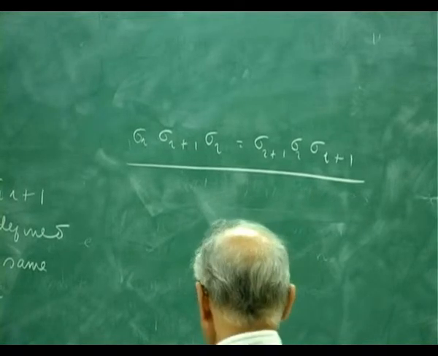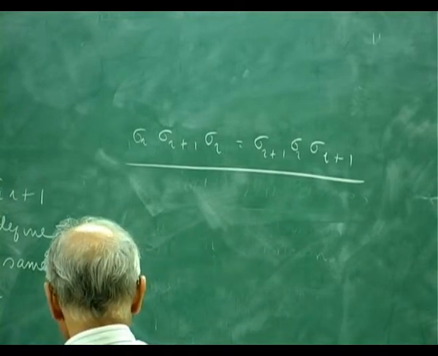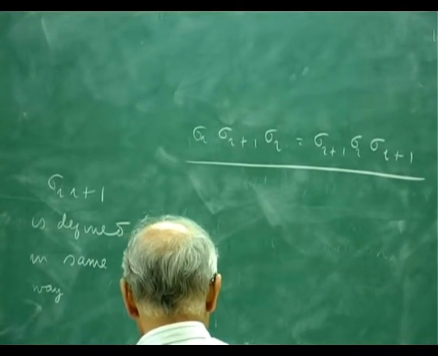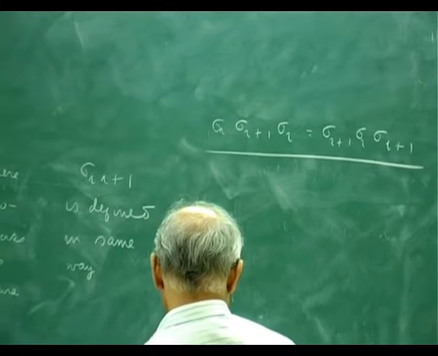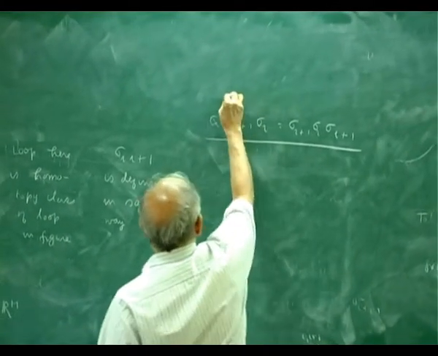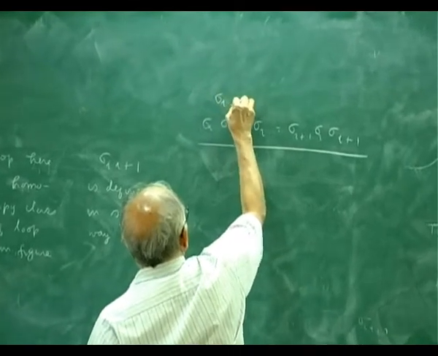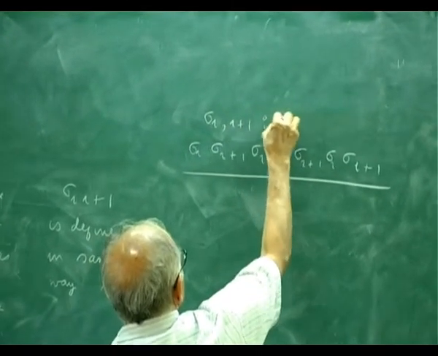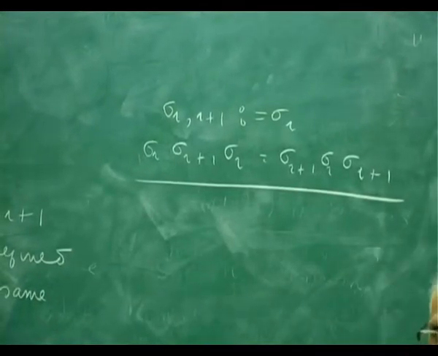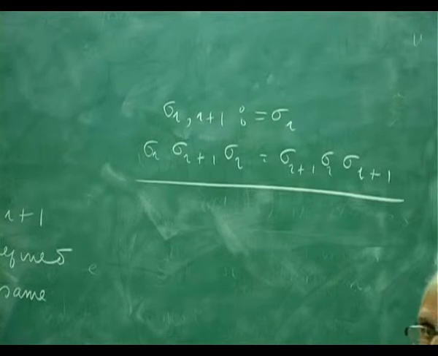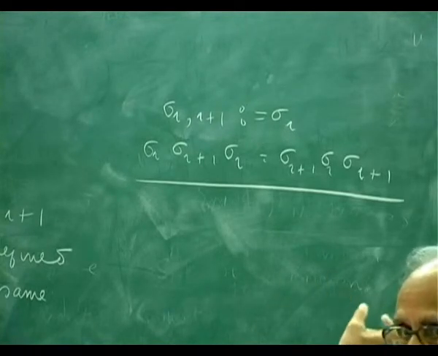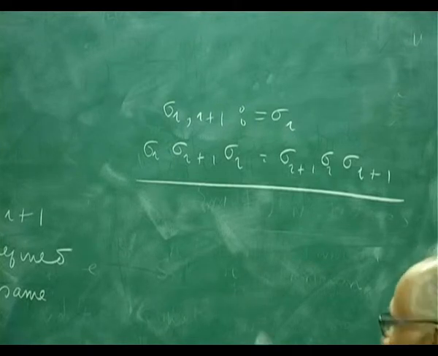By the way, sigma I plus 1 by definition is sigma I. Here I have put two indices there. Because I am only looking at transpositions of adjacent letters, I can simplify it. So that's how they write it.